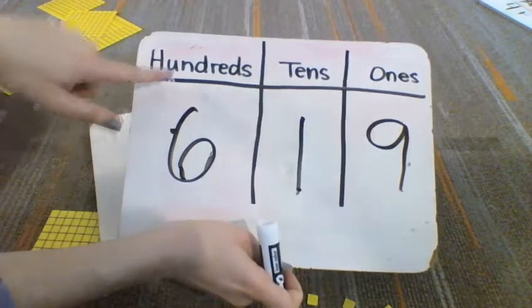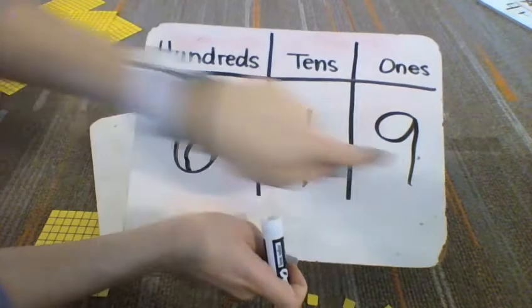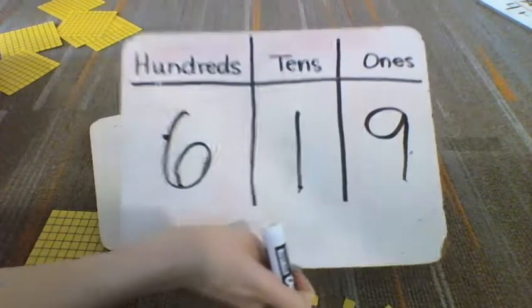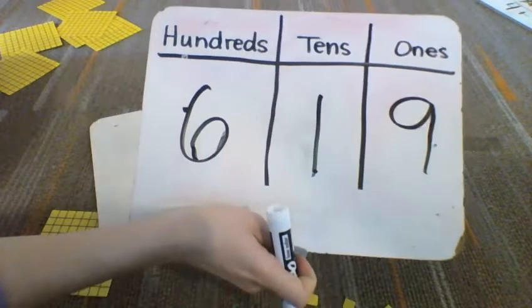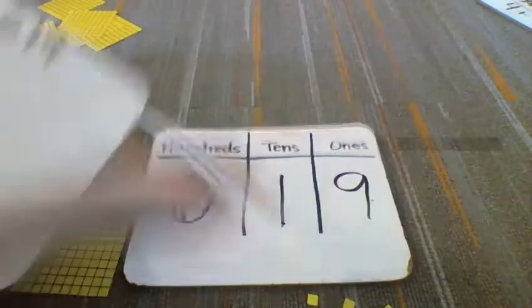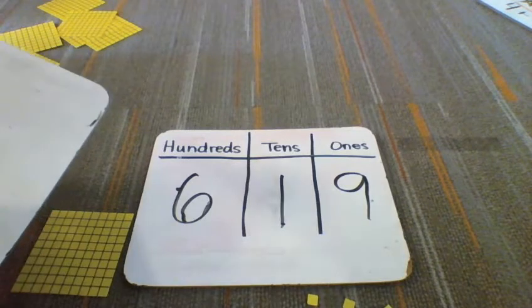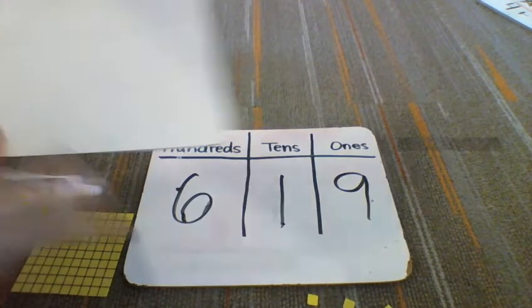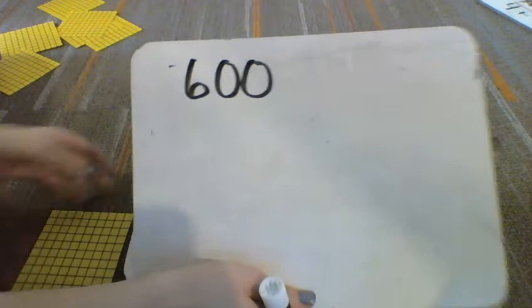So 6, 1 under the 10, and 9 ones. So 619. So remember, 6 hundredths is the same as writing 600. I'll show you with the pieces also.